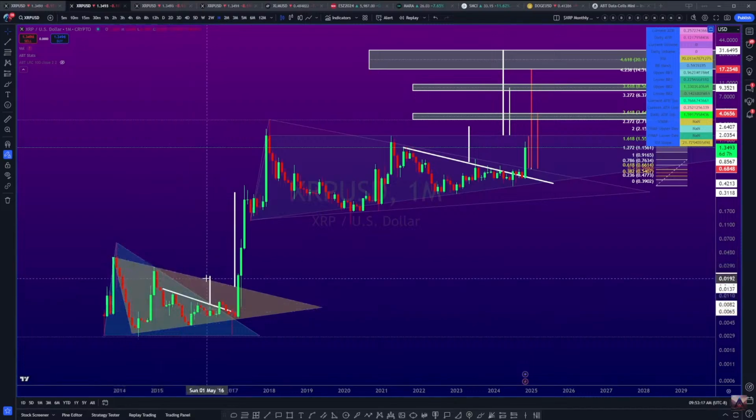So when we meet the resistance top of this triangle, we would then come back and test the validation of the breakout from the previous triangle. So here we go. Head and shoulders, breakout, target met, retest, continuation.